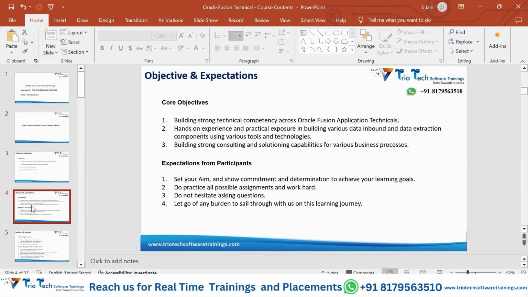This is more of a technical course, but it does not require any prerequisites. If any prerequisites are required for any of the technologies involved, we will take care of that, and all the prerequisites for the technical concepts will be included as part of this course curriculum.